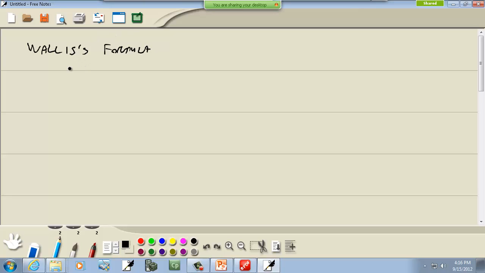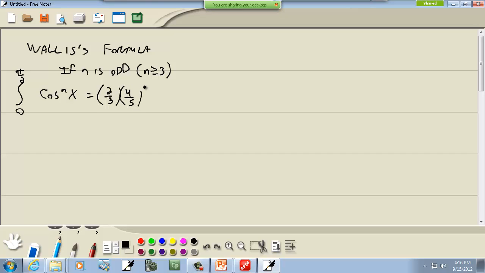It says if n is odd, specifically n has got to be greater than or equal to 3, then the integral from 0 to pi over 2 of cosine to the nth power is equal to 2/3 times 4/5 times 6/7 all the way up to n minus 1 over n.